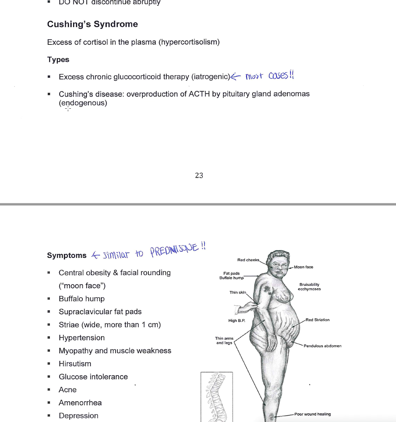And true endogenous Cushing's disease is caused by overproduction of ACTH, the hormone from the anterior pituitary gland. So when there's a tumor leading to overproduction of ACTH, that leads to too much production of cortisol. So this is a true case of Cushing's.